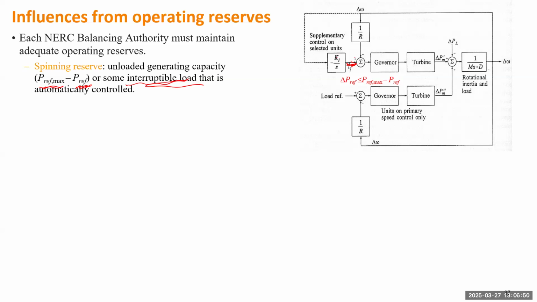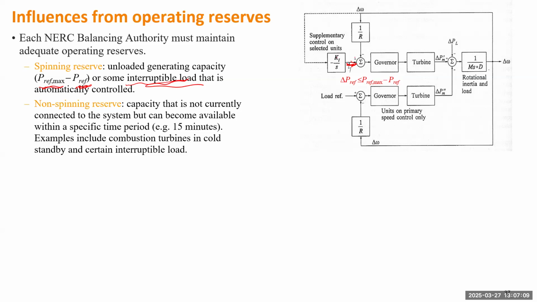And those loads can also be considered a type of spinning reserve. But here we focus on the real spinning reserve, which means the real spinning generation, which is there ready to generate additional power.